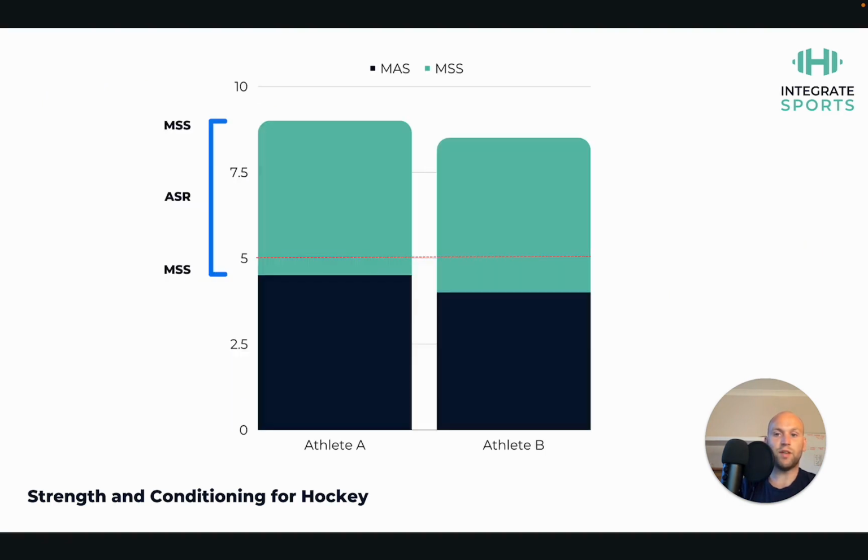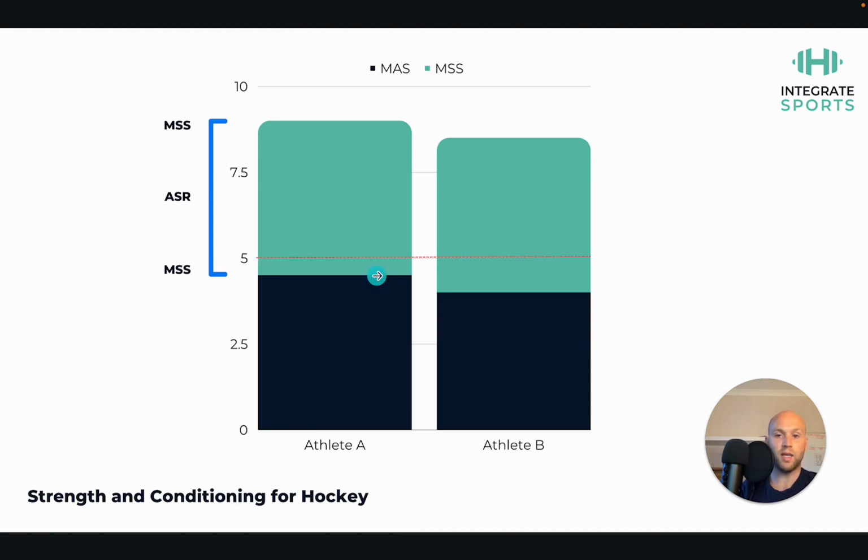Okay, to represent this visually again, athlete A and athlete B both have their mass and maximal sprint speed scores outlined here. Again, the blue bar represents the anaerobic speed reserve, which is this green section. The top line is the maximal sprint speed score, and this here is their mass score. It should say mass. The 5 meters per second line here then just represents a threshold for high speed running.